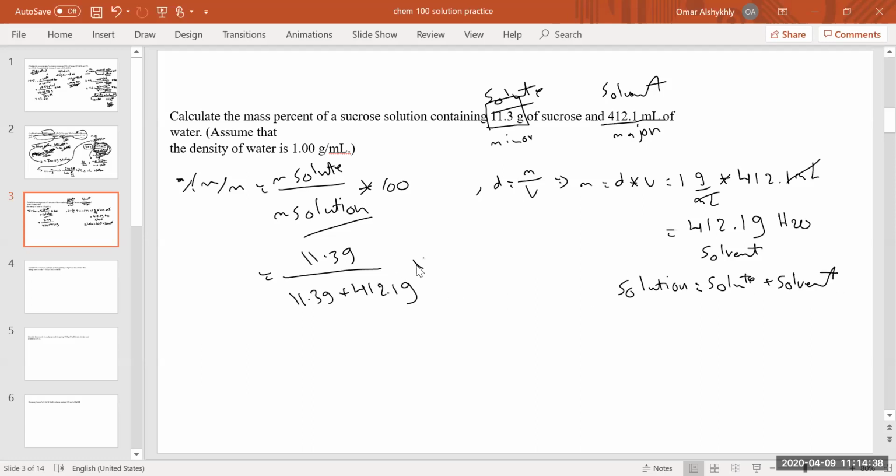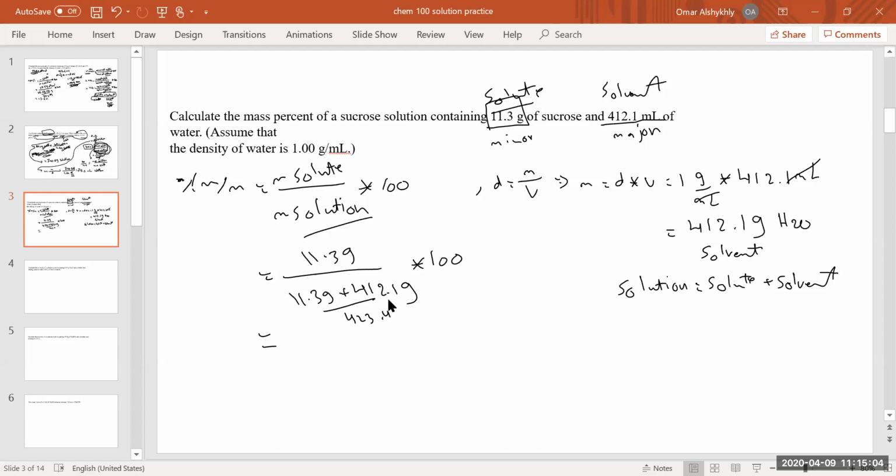Okay, now times 100. Let's do the math and let's see what we will get here. So we have 412.1 plus 11.3. So we will get here 123.4.